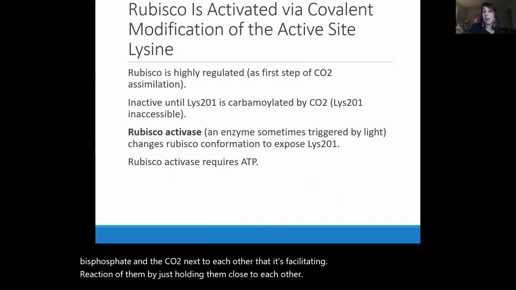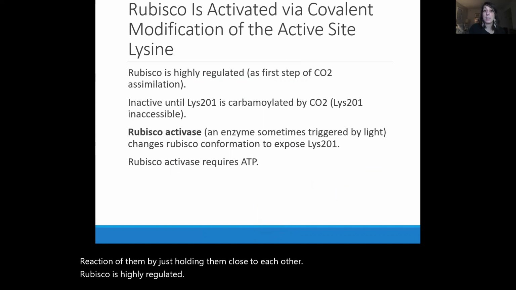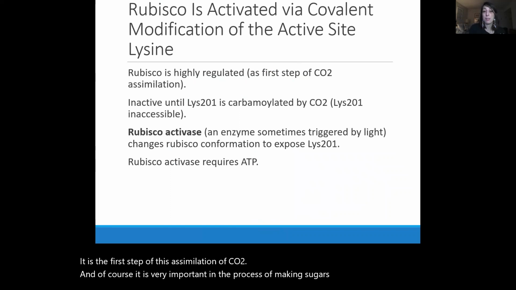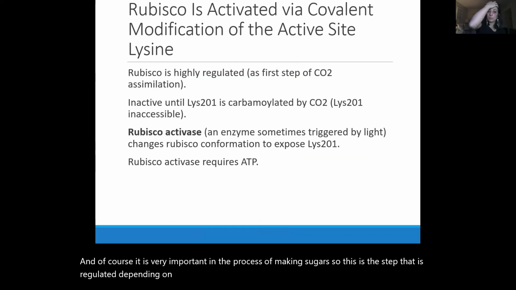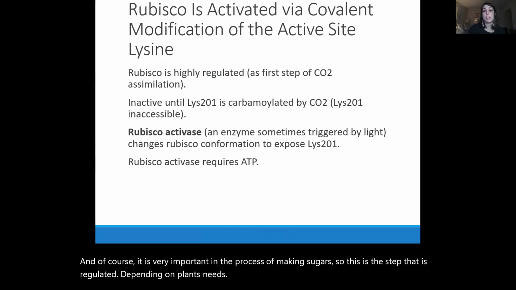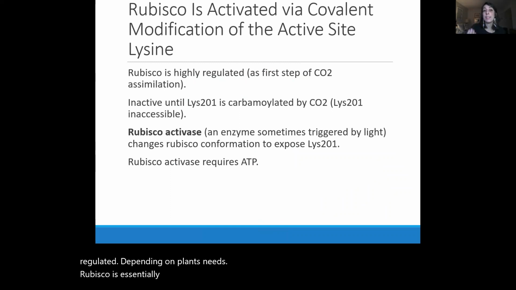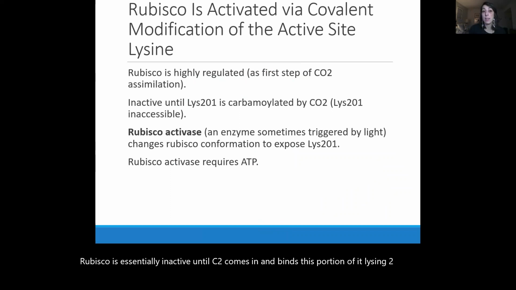Rubisco is highly regulated. It is the first step of this assimilation of CO2. And of course, it is very important in the process of making sugars. So, this is the step that is regulated depending on plants' needs. Rubisco is essentially inactive until CO2 comes in and binds this portion of it, lysine 201, on the enzyme.